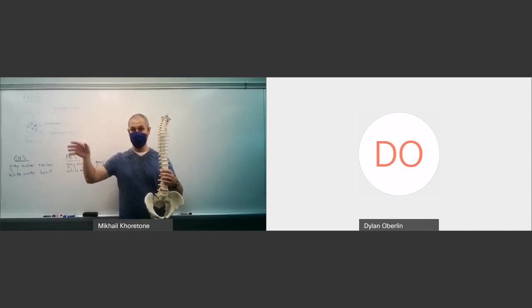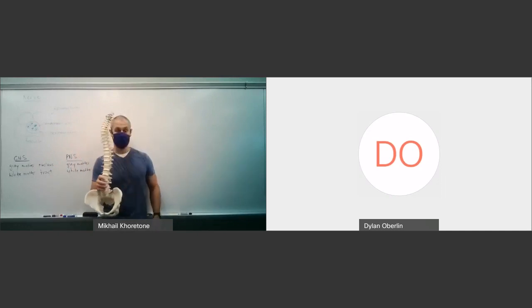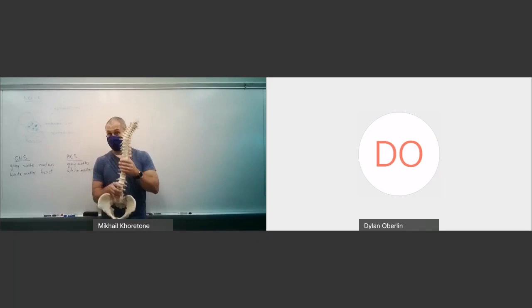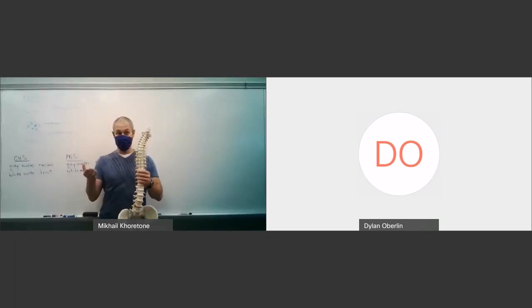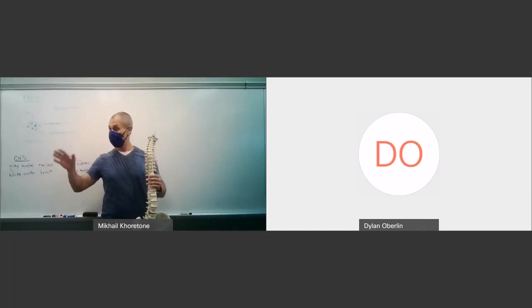Periphery, spinal cord, sensory inputs. Already told you, inputs. They go from the periphery to the spinal cord. Does that make sense? Motor outputs go from the spinal cord to the periphery. Is that clear?